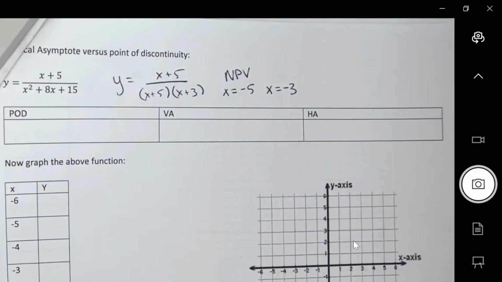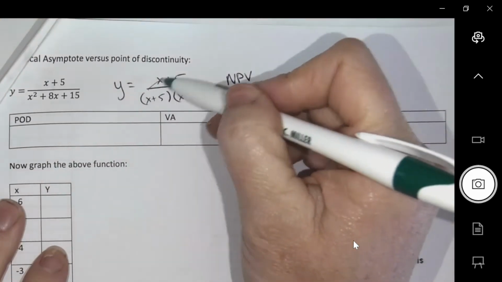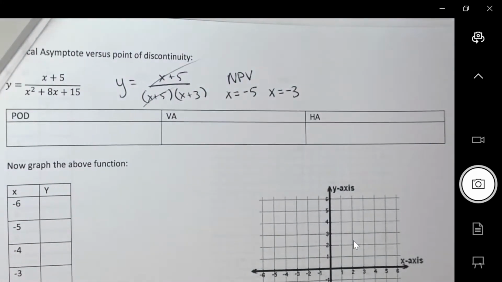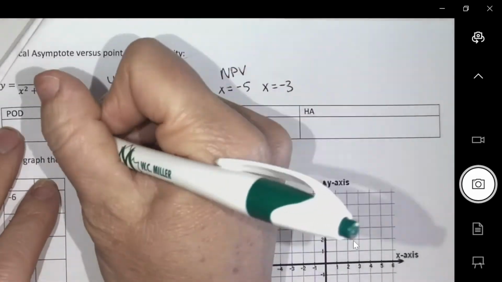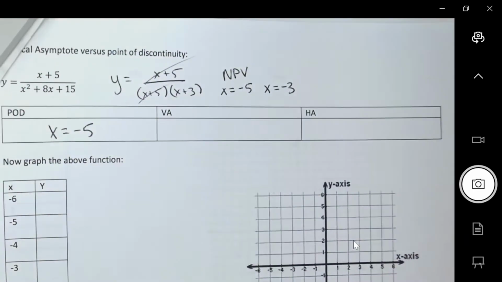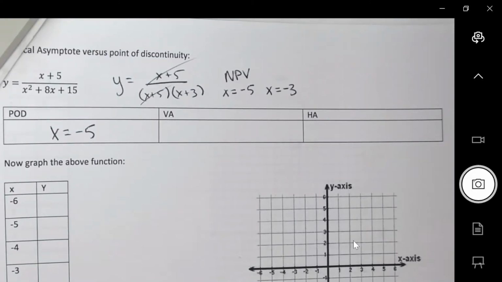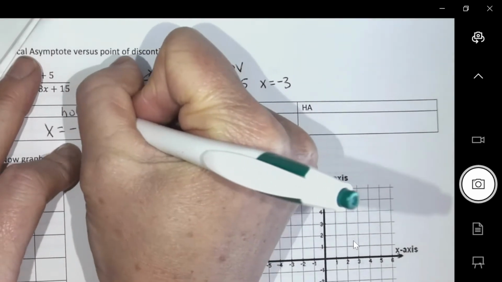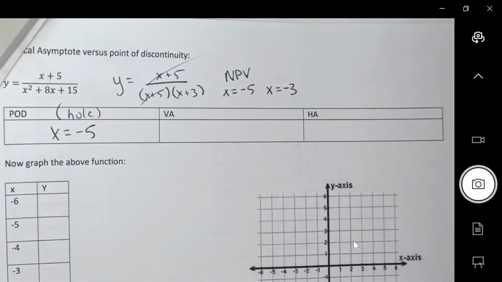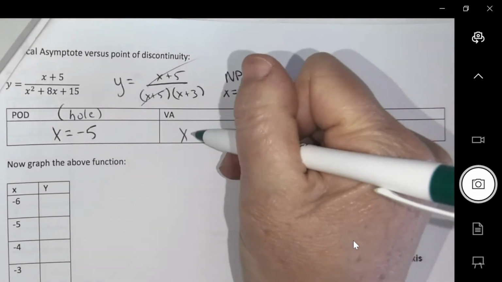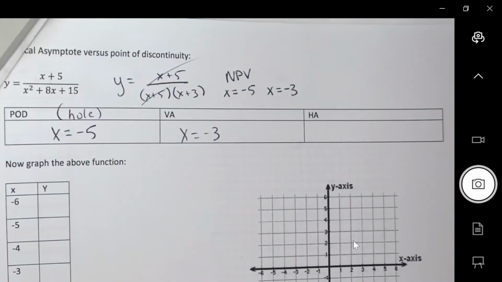That's not good. It'll cause my bottom to be 0. Oh, but wait. That would cancel. So at -5, I'm going to have a hole in the graph. At -3, I'm going to have a vertical asymptote.